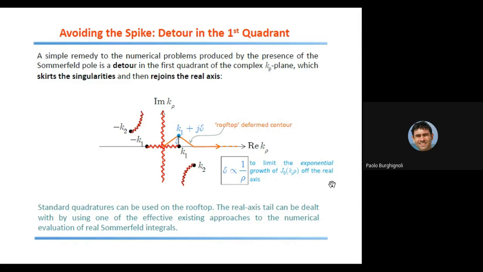So this is more or less the numerical strategy that one needs to implement in order to have a satisfactory numerical evaluation of Sommerfeld integrals in general. However, in this course, we are not much interested in the numerical aspects, which are very important in practice, because we are more interested in physical insight, so in the analytical side of the Sommerfeld integrals.